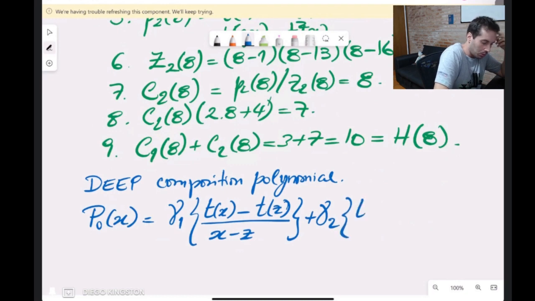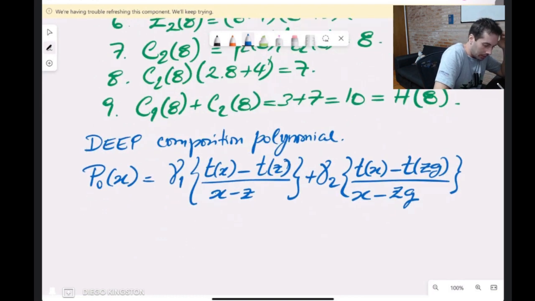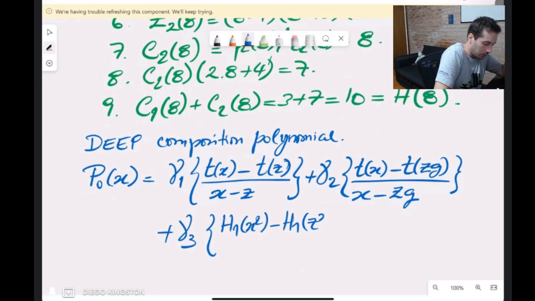Now we have to show that it also evaluates to the claimed value of z times g. So then the denominator is now x minus z times g. And we also have the claimed evaluations of h1 and h2. So what we do is h1 of x squared minus h1 of z squared over x minus z squared. And we also have this one.